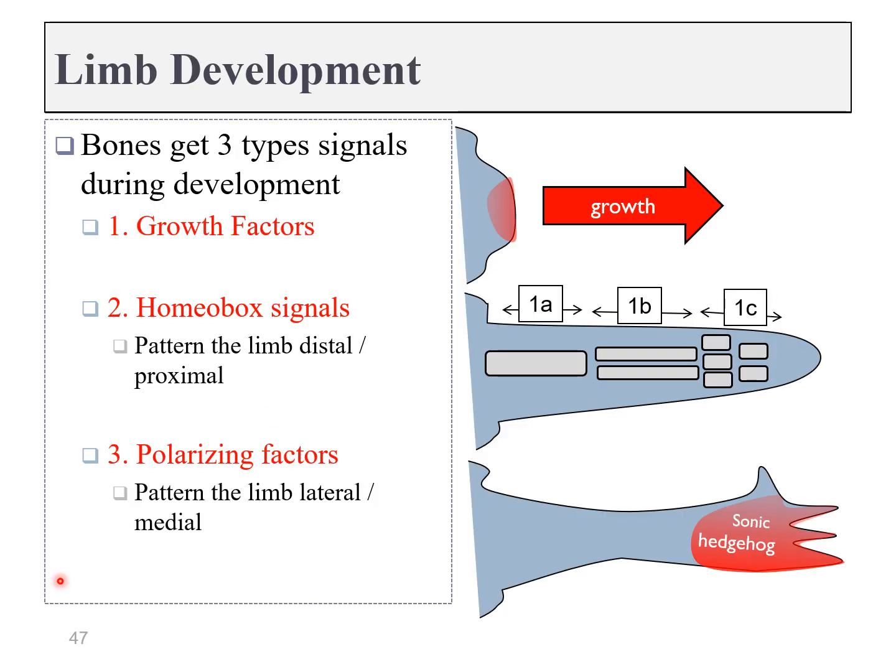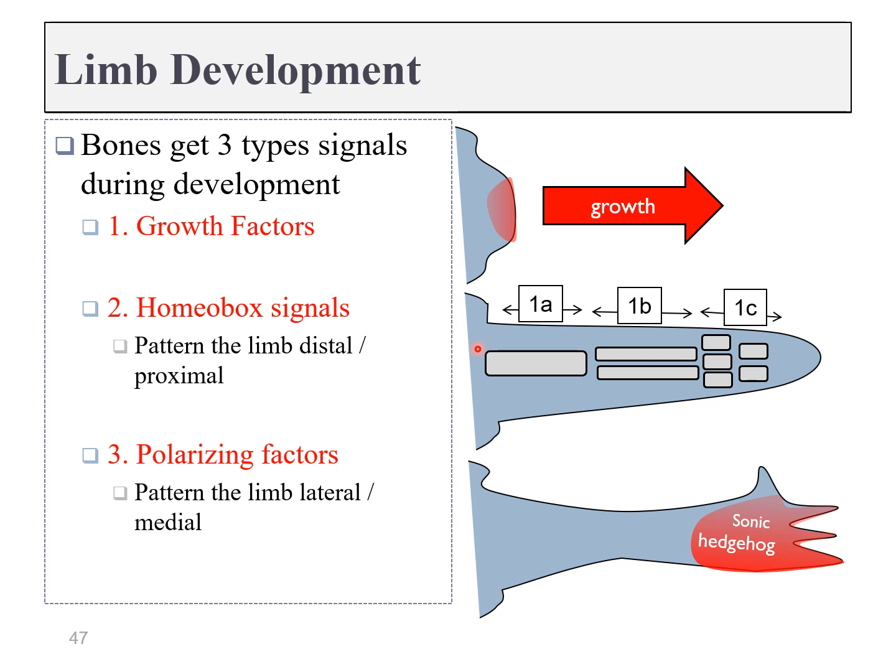So the growth of bone tissue requires a number of different signaling molecules. For starters, we need growth factors that simply tell the bones where to grow. Next up are a class of signals called homeobox signals that tell which bones to grow where.